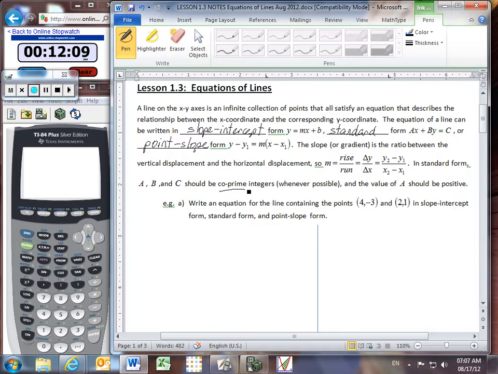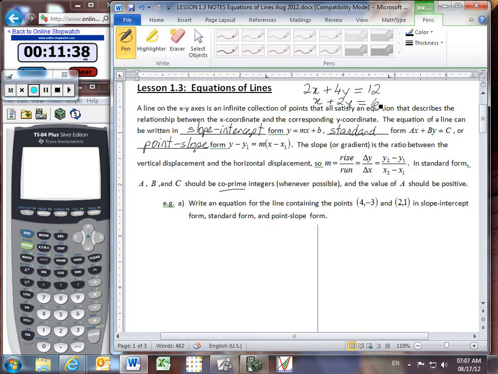For example, if I had standard form 2x plus 4y is equal to 12, the coefficients 2, 4, and 12 are not co-prime because they all have a factor bigger than 1, namely 2. So in order to put this into standard form, we should divide the equation through by that common factor. We'd end up with 1x plus 2y is equal to 6, and now it is in standard form.